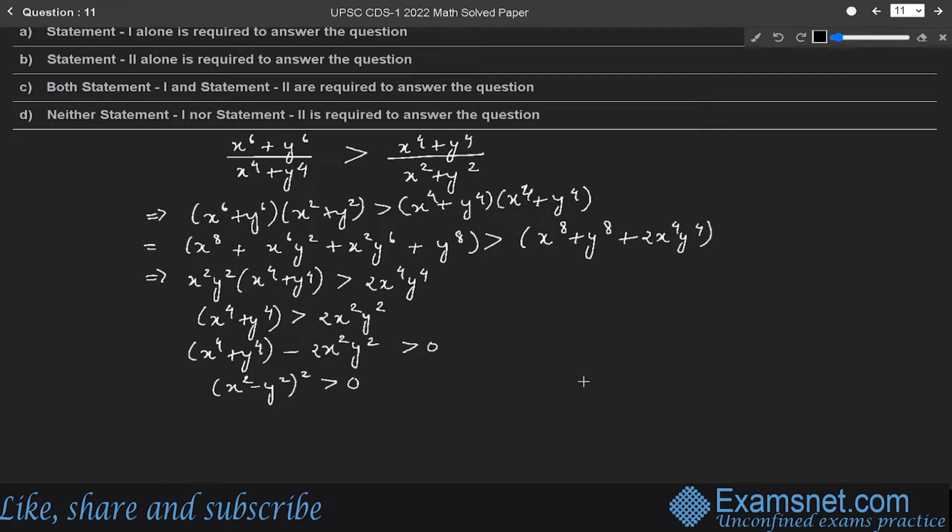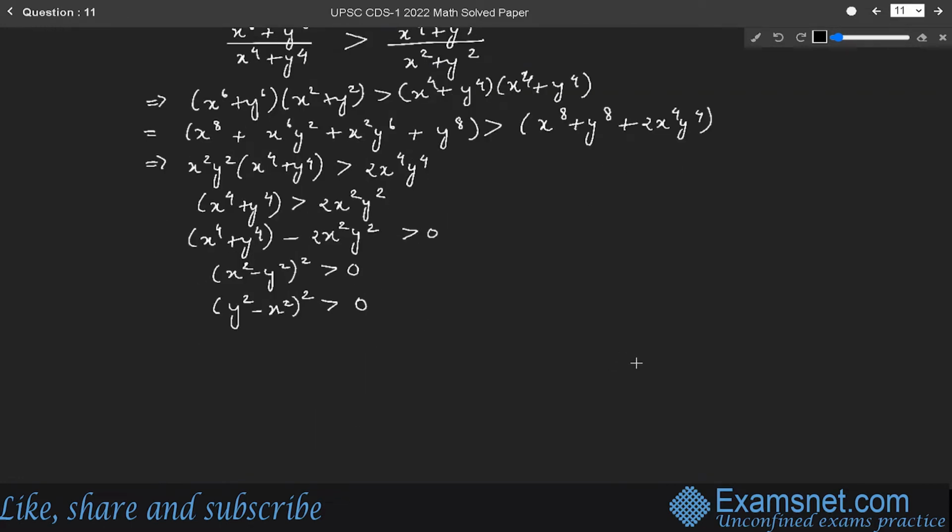The above equation can also be written as (y square minus x square) whole square is greater than 0. Thus we can say that x is not always greater than y. So statement 1 is not sufficient, because using statement 1 and equation 1 we get (x plus y) into (x minus y) whole square is greater than 0.